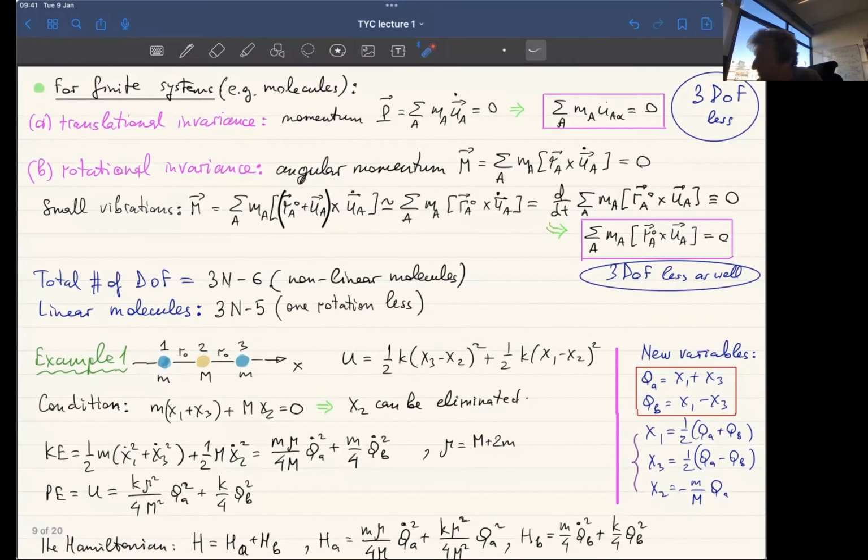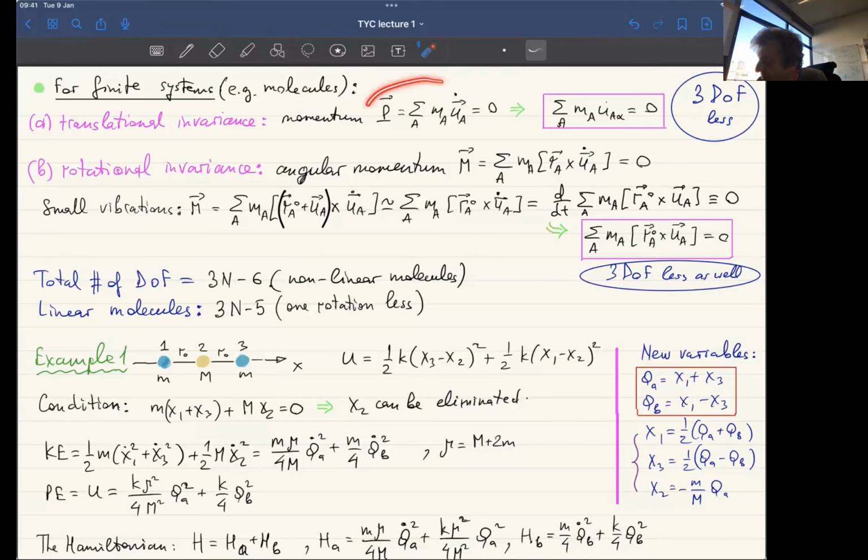I don't know if you know about the interrelation between the symmetry and the conservation laws, but maybe you know that because of the translational invariance, you have the conservation of the momentum.